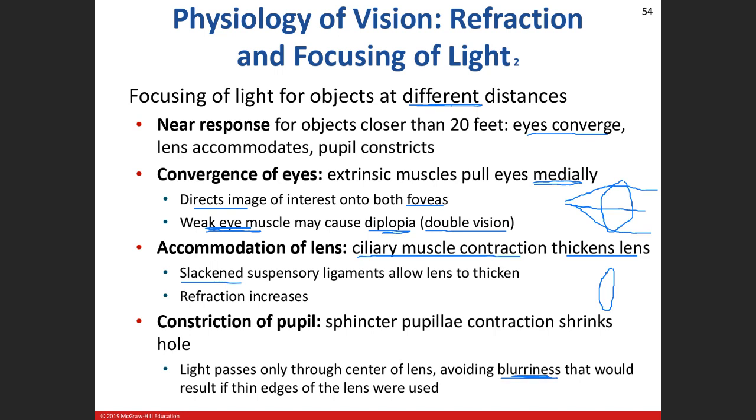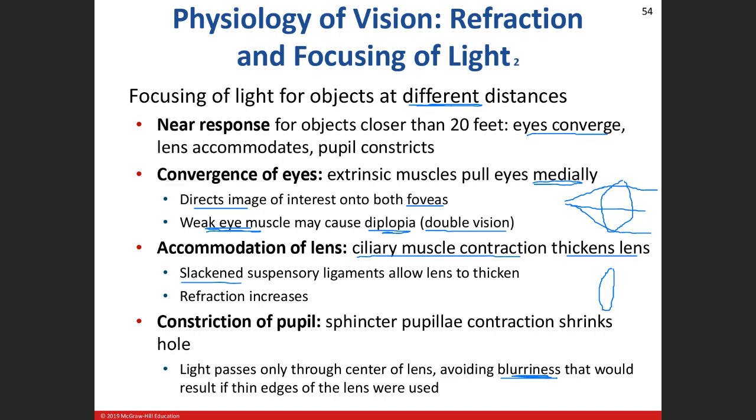Because if it hits the periphery of the lens, it won't necessarily nail the fovea centralis, and the peripheral photoreceptors aren't going to have as sharp a vision because remember, what's on the periphery of our retina? Rods. Rods don't have sharp vision. Cones do. Cones are going to be more located in the fovea centralis, okay?